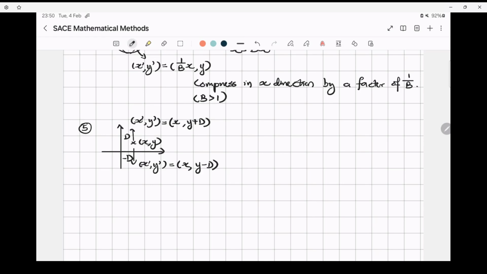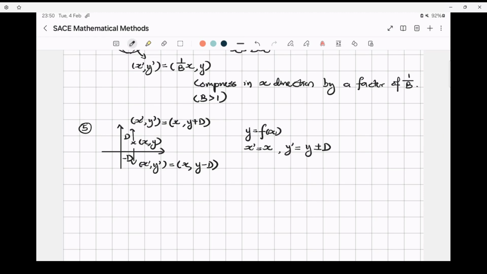So from here, if let's say your y is still f of x, so what happens to your function is that your x prime does not change. Your y prime will be y plus or minus d, depending on whether you move up or move down. If you move up, it is plus.